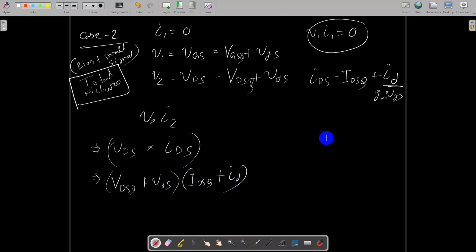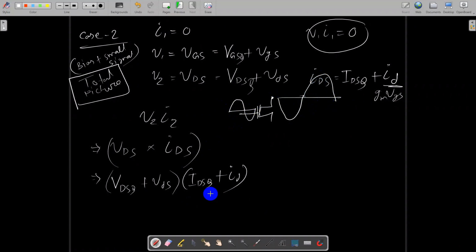Now here is an important thing to notice: when your signal is going up here, your signal is going down here in the drain node. When your signal is going down here, your signal is going up in this node. So a 180-degree phase shift, right?